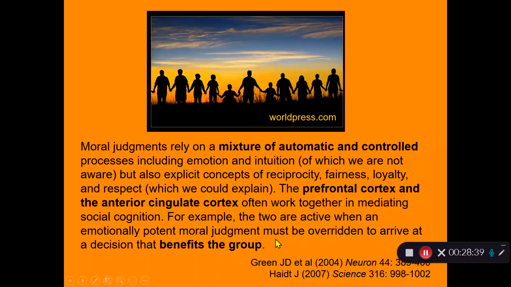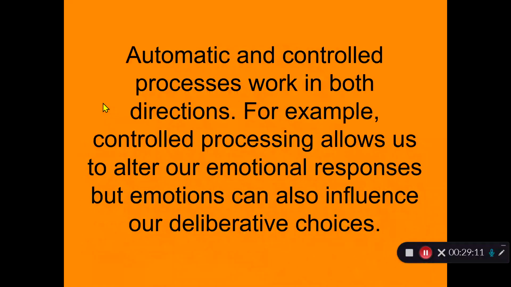In other words, if you have a reaction, a moral reaction, a kind of innate urge that is not going to help you or your group, anterior cingulate cortex will recruit prefrontal cortex to help you resolve that conflict. And we'll talk about this more and more as we go along in the course. The important point here is that moral judgments rely on a mixture of automatic and controlled processes. They work together in almost everything we do, they're not separate.